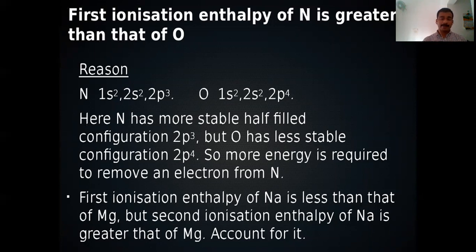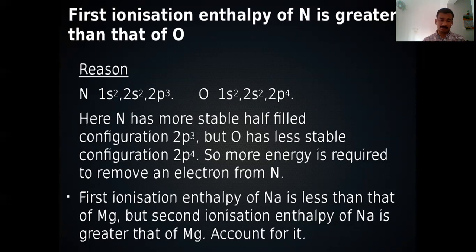The capacity of the p orbital is 6, and 3 is exactly half. So it gets extra stability. But in oxygen, 1s2, 2s2, 2p4, it is not completely filled, and it is not half-filled. So nitrogen has the more stable half-filled configuration 2p3, but oxygen has the less stable configuration 2p4. So more energy is required to remove an electron from nitrogen.